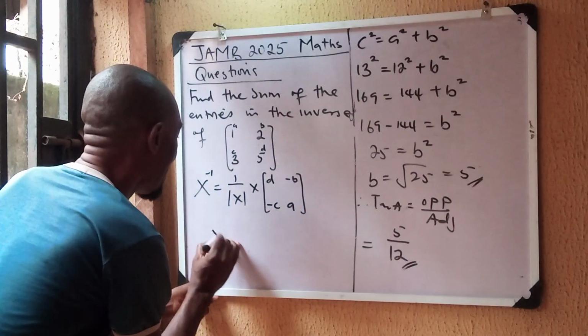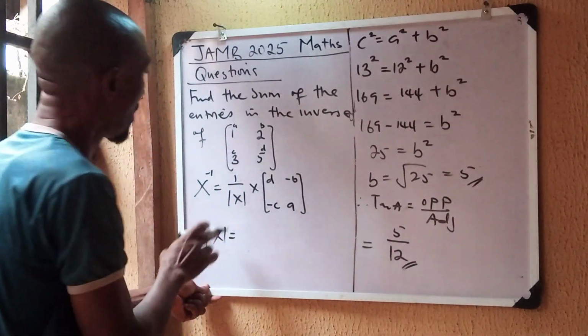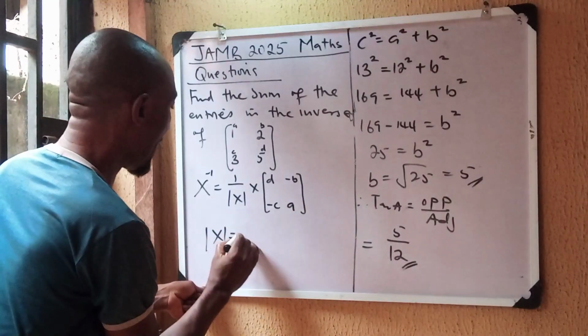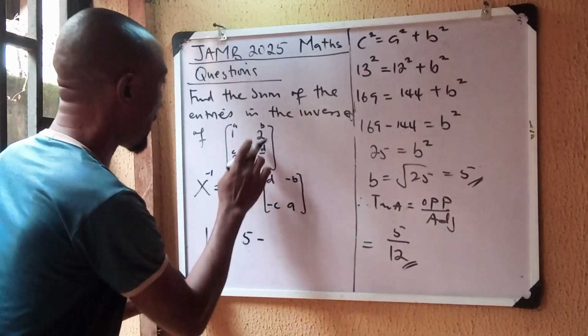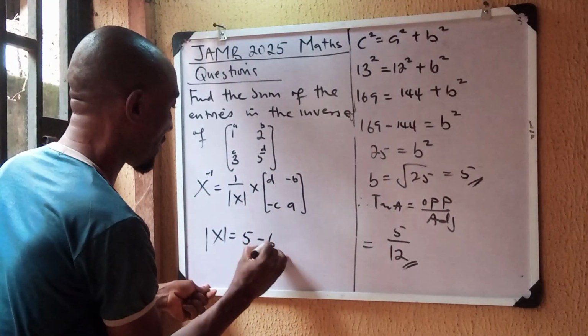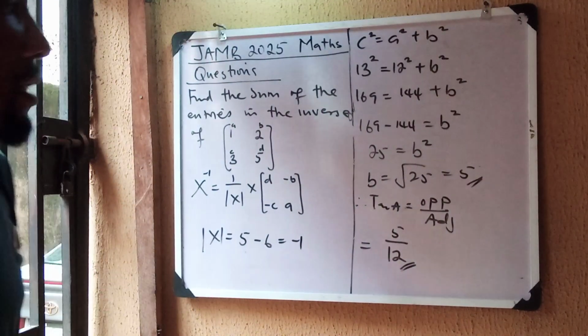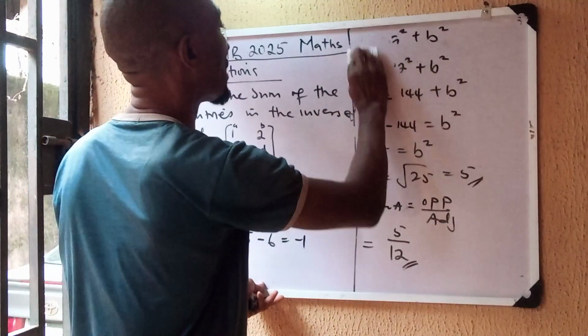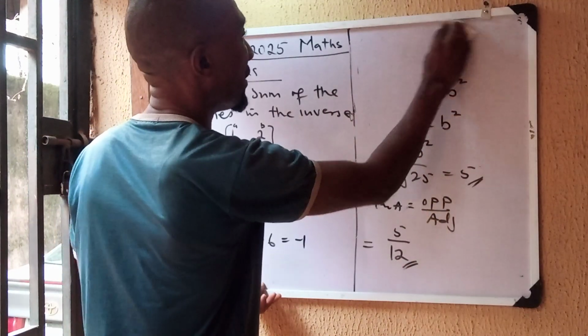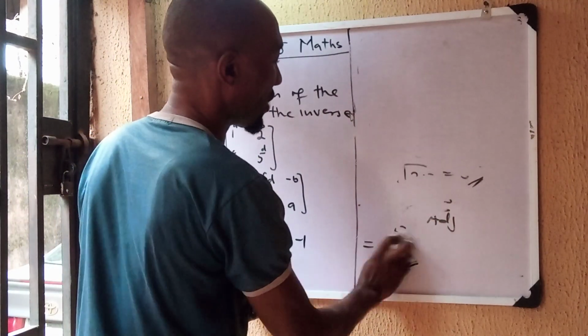The determinant of x is 1 multiplied by 5, which is 5, minus 2 multiplied by 3, which is 6. So we have negative 1 as the determinant of that matrix. Now let's calculate our inverse.